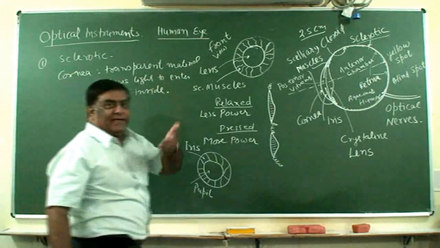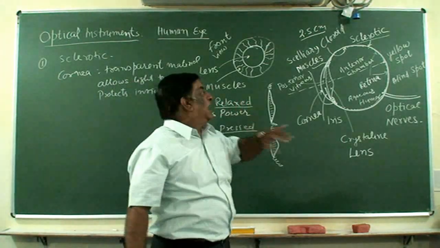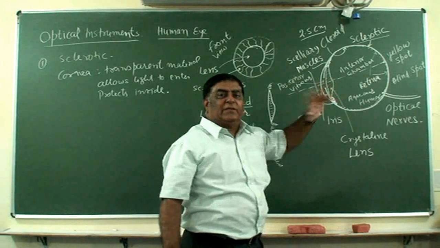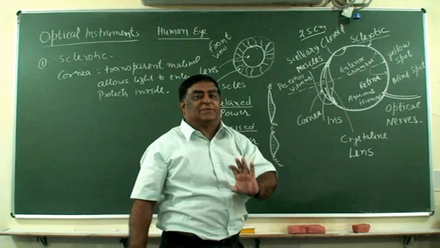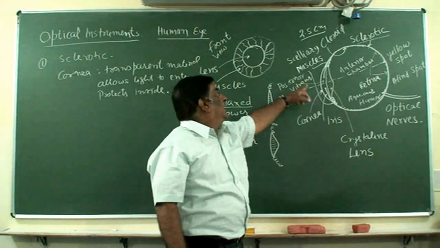So this is our covering of the eye. Just below the eyelid there is the cornea. This cornea is totally transparent and very clean.